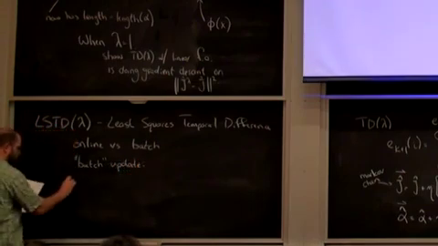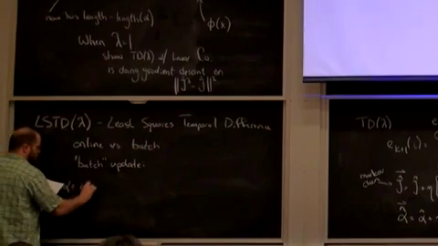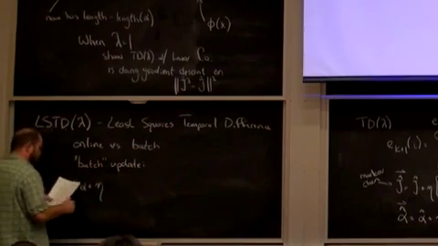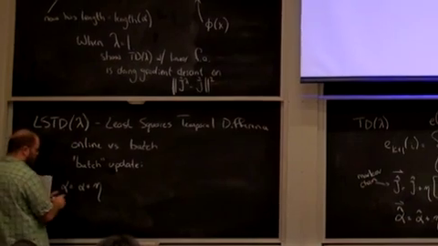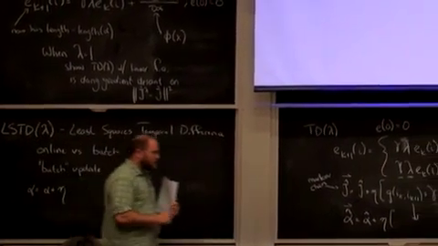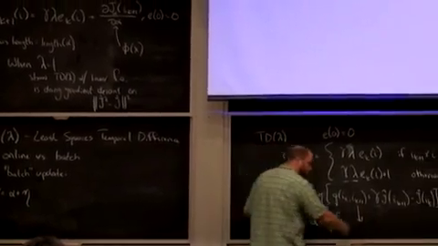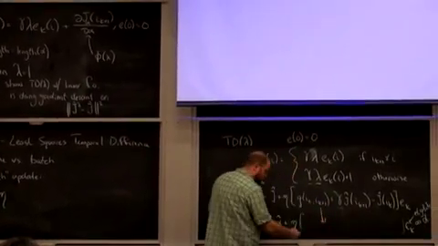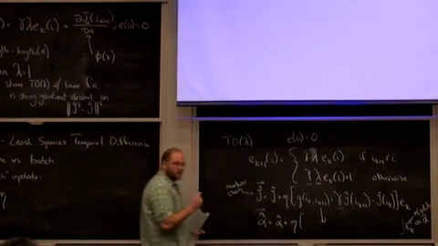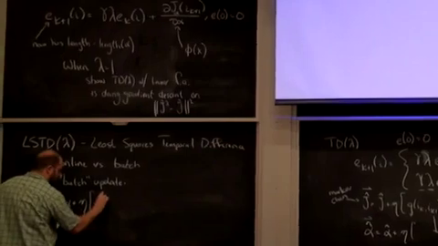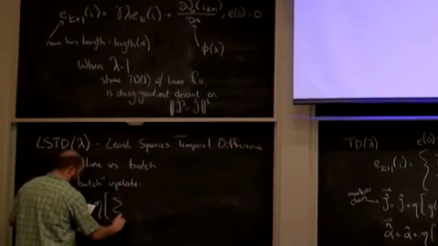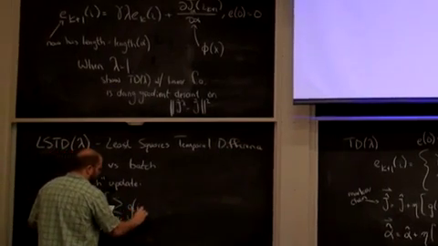That update would look like this, just by applying that rule a bunch of times, but without changing alpha in between. Another way to say it is I'm going to hold alpha fixed, collect up all the changes I want to make at alpha, and then at the end of the run make one change to alpha. Well, then that change, if you do it in batch mode, is just going to be a sum of all these terms.